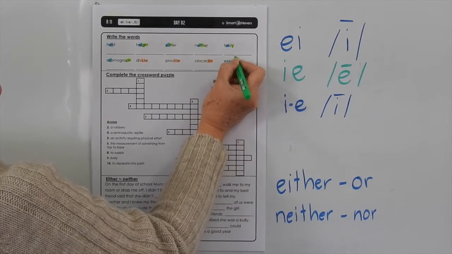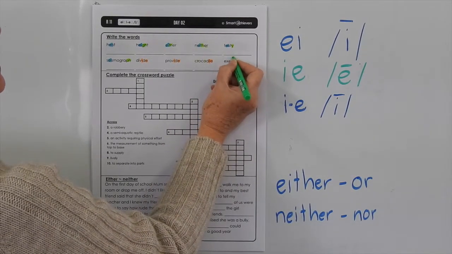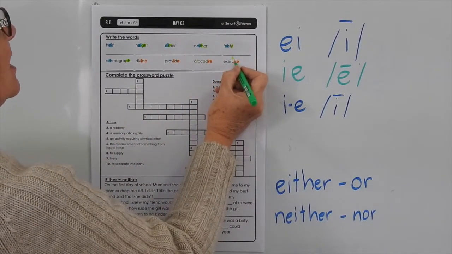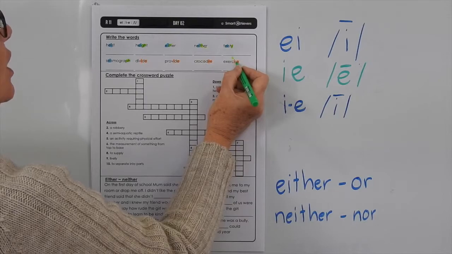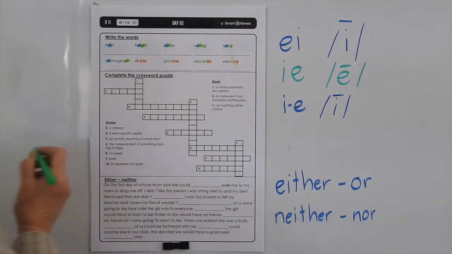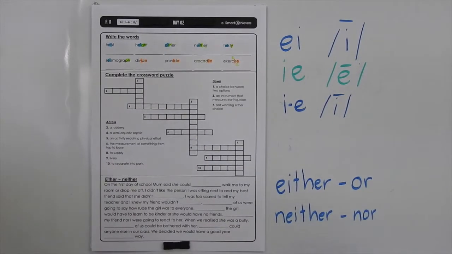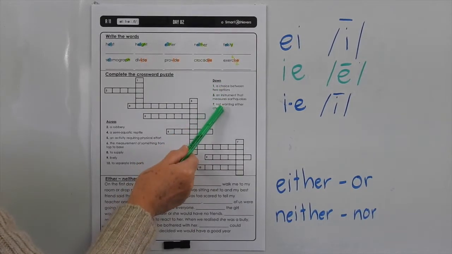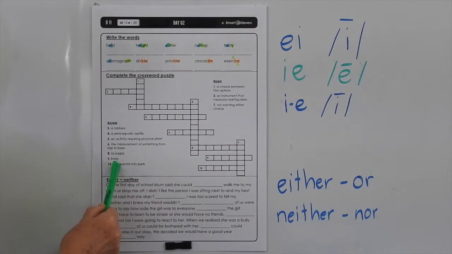Whereas when we have CI, we know it's going to make the C say S, and exercise, when we have SE on the end of a word, frequently it makes the sound Z. So just be aware of that. Now the crossword here, you've got your little clues going down over here and your clues going across here.